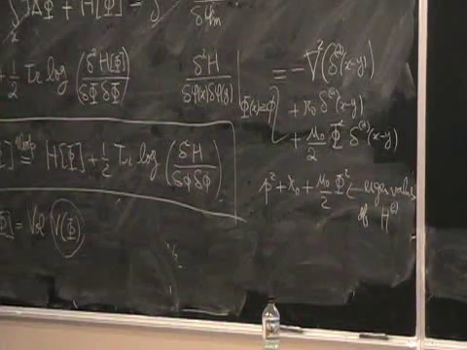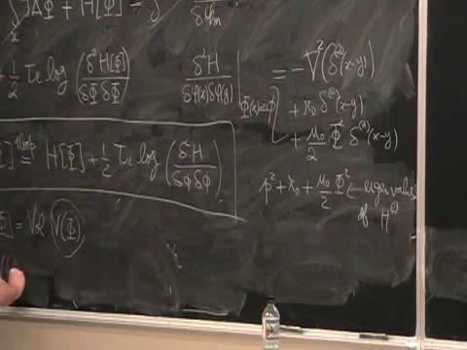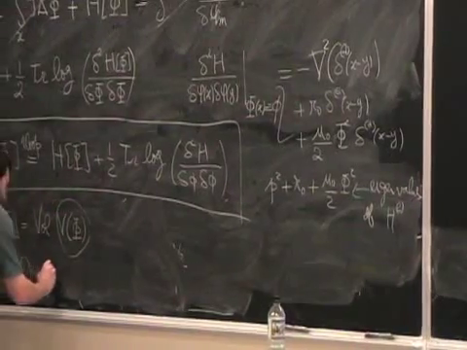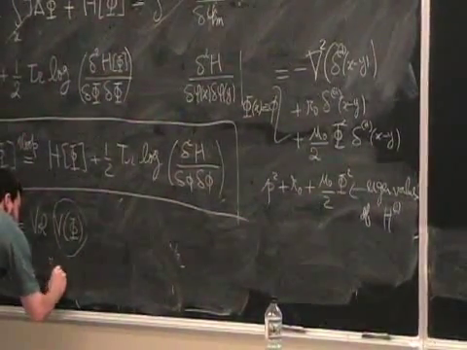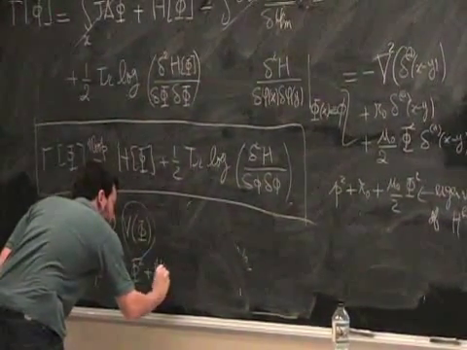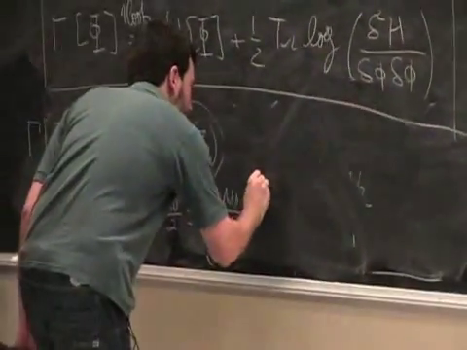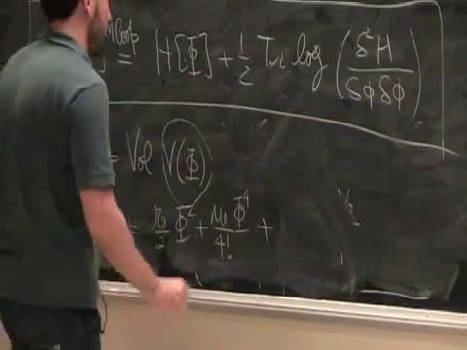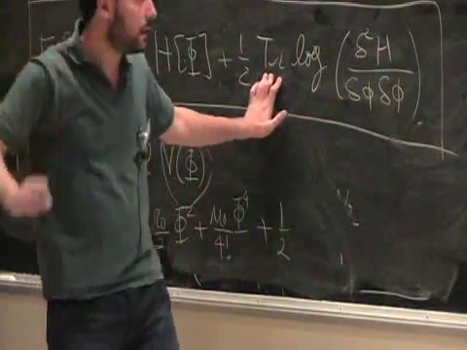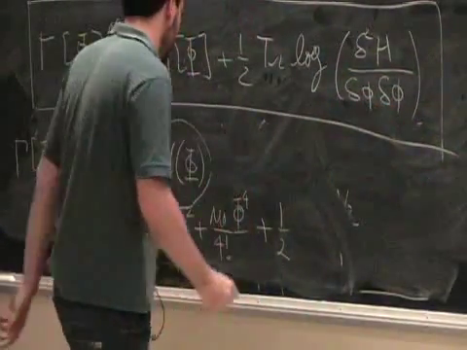If I put it here, I obtain that the effective potential is the potential I had in the Hamiltonian, which is nothing but R0 over 2 phi squared plus u0 over 4 factorial phi to the 4, plus half of the trace. The trace is the sum over all eigenvalues, which are characterized by this p.